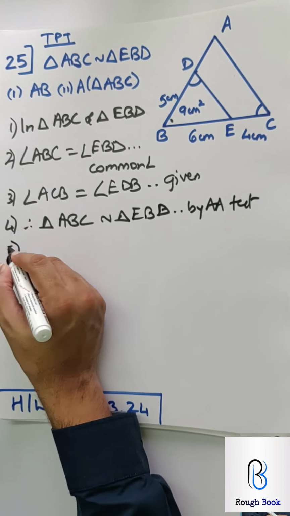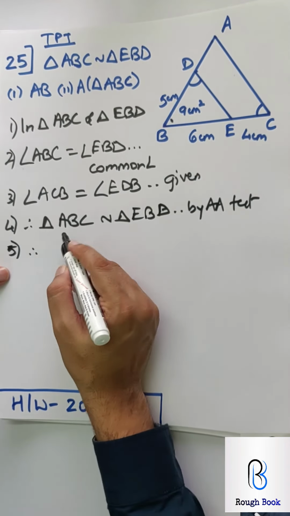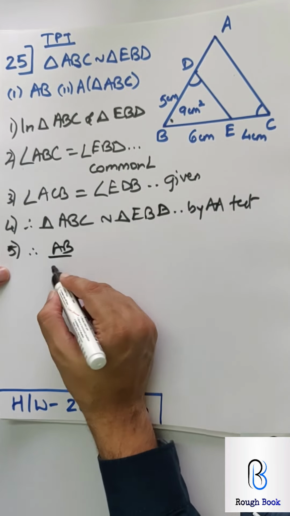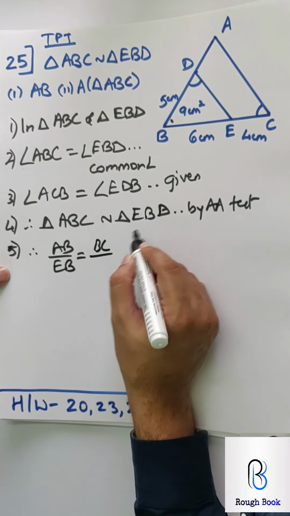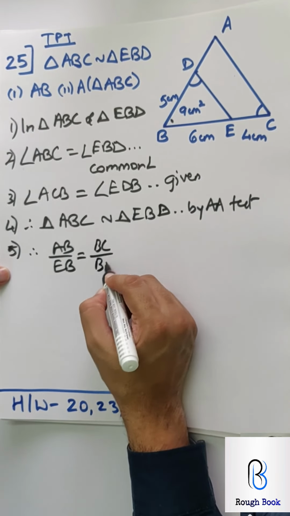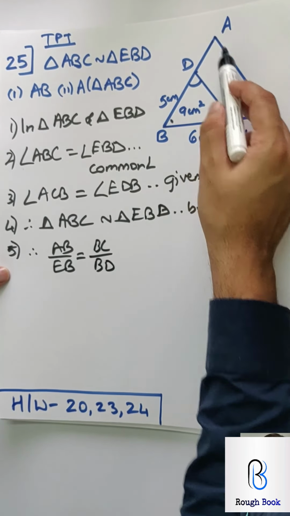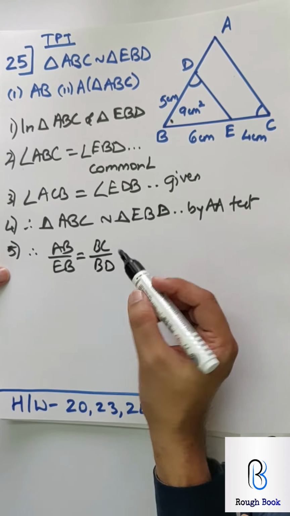Once your triangles are similar, therefore AB is what I have to find. So AB upon EB equals to BC upon BD. I'm not taking AC because I don't need AC and DE any which ways.